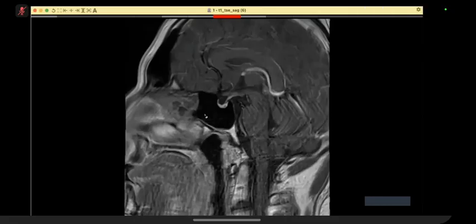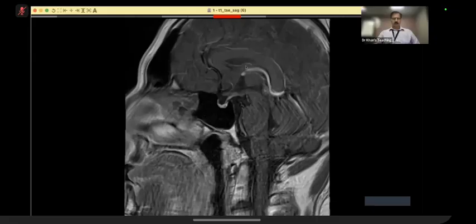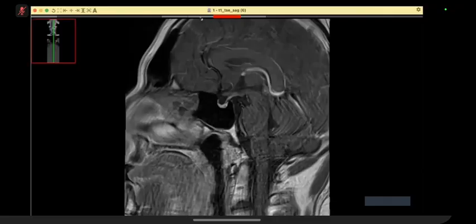Okay. I'm presented with sagittal sections of T1 weighted brain. Can I request the remote? Okay. I'm trying to scroll.